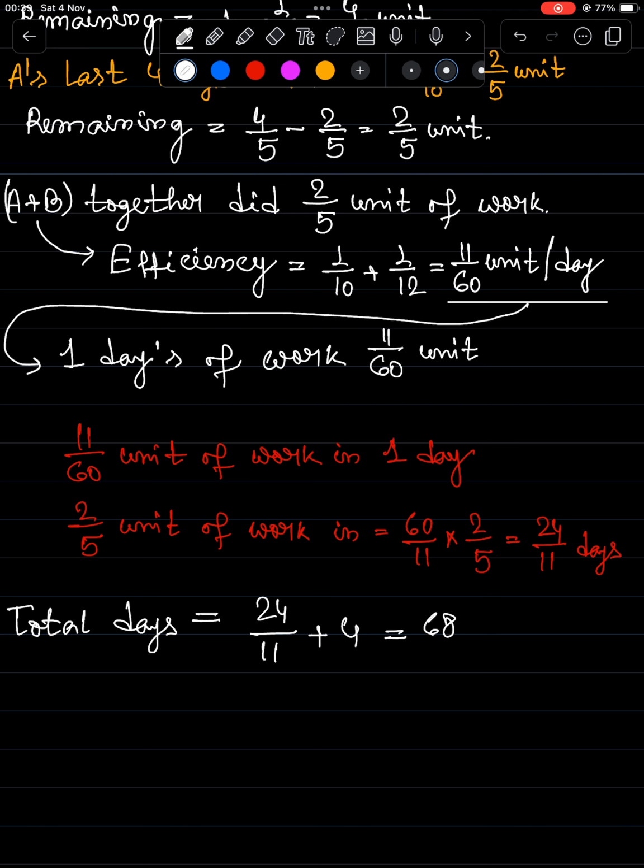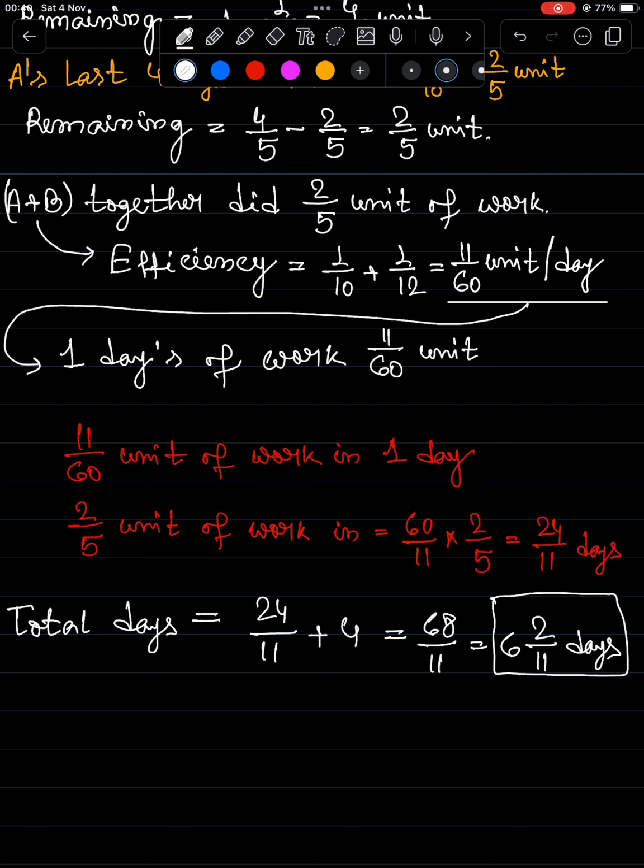So A and B together have done the work for 24 by 11 days, but we must remember that in the last 4 days A also worked. So the total time of the work is 24 by 11 plus 4 equals to 68 by 11.